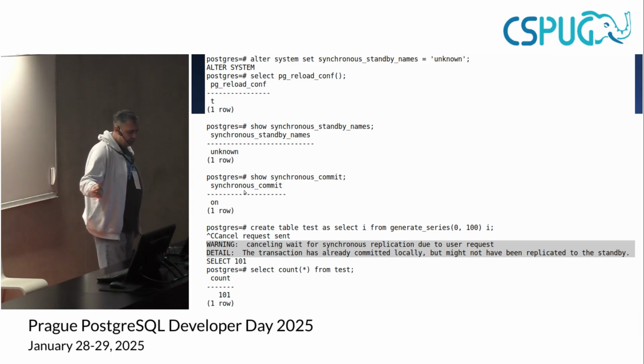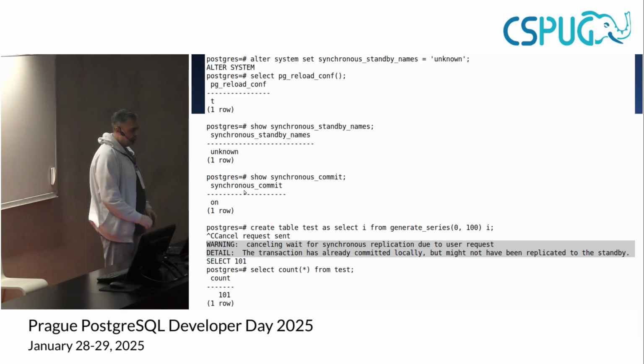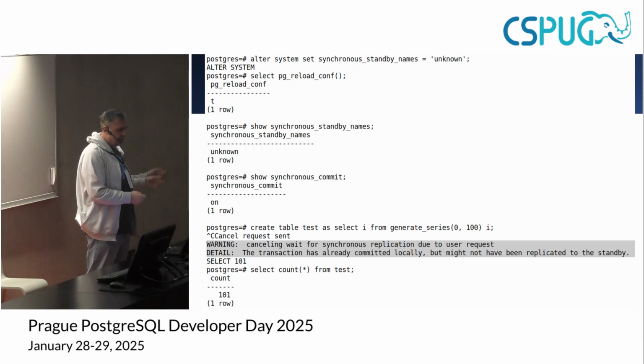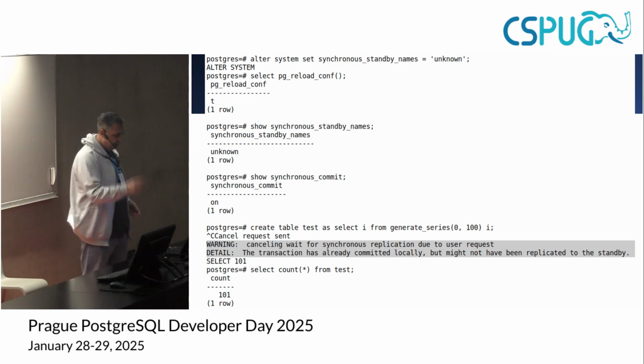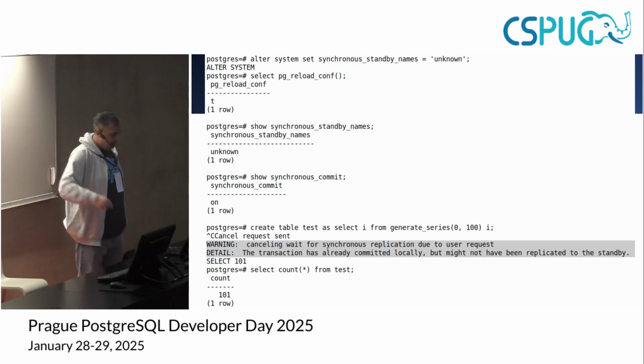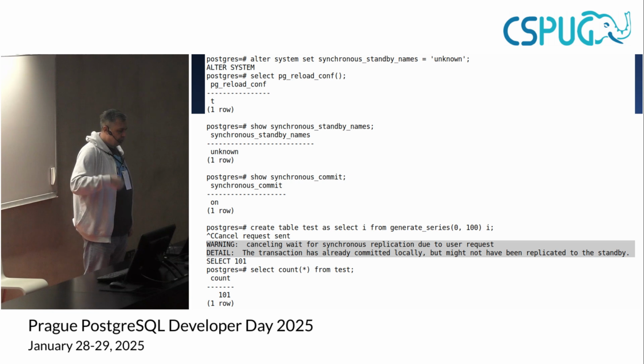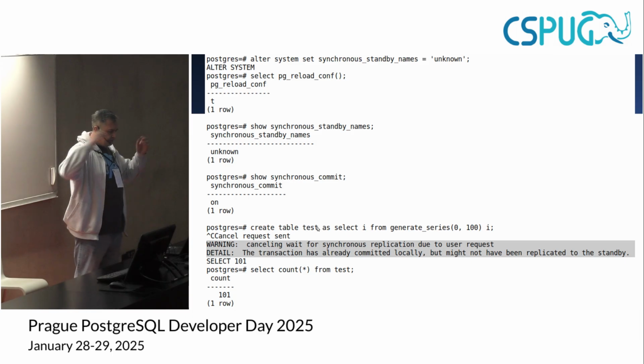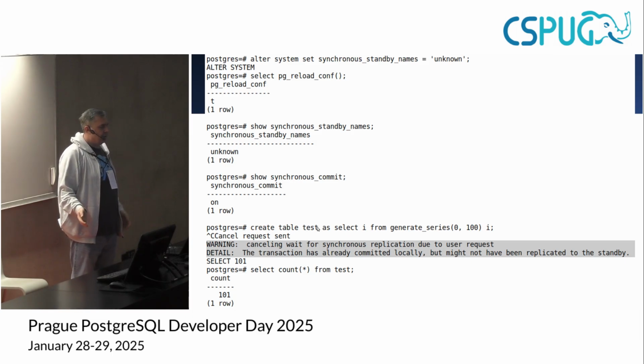We check the synchronous_commit setting, and it's on. It means the transaction should not be successfully reported to the client until the synchronous standby with the name unknown reported it back to us. And when we try to create a table, this query will get stuck, more or less.